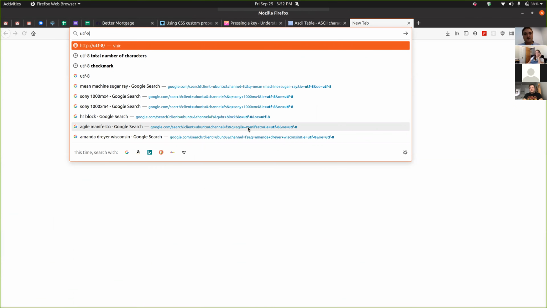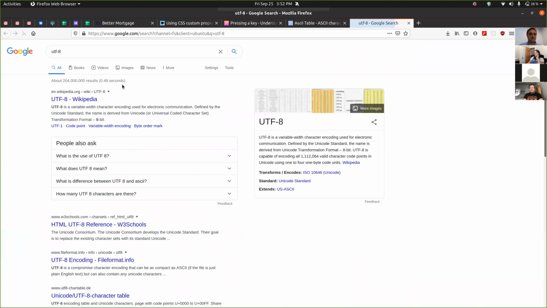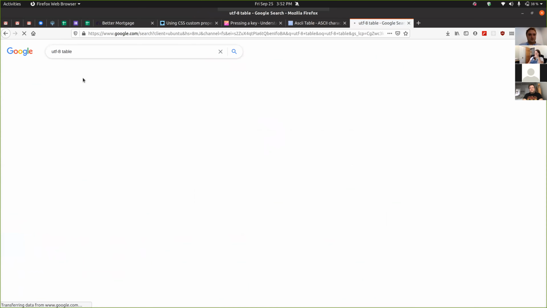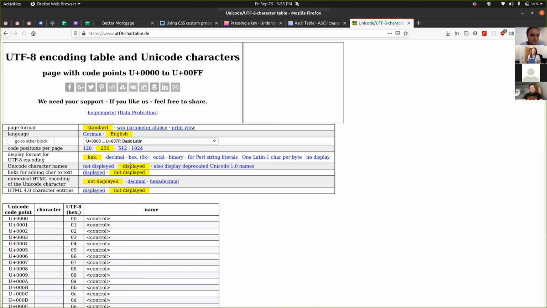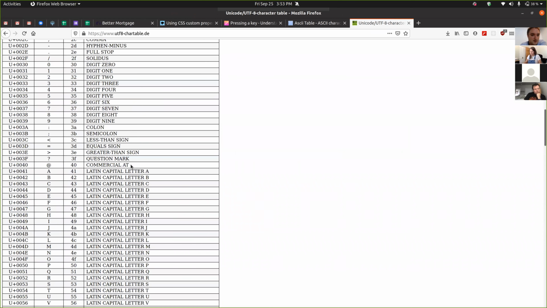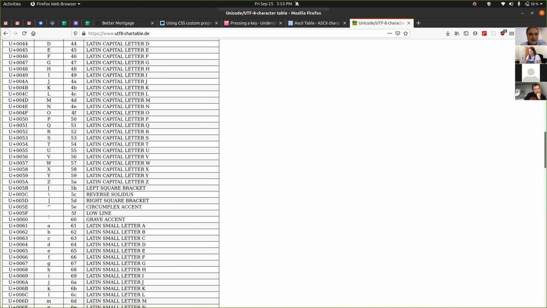Enter UTF-8. You know that thing that you're always putting as your character encoding in your HTML documents? It turns out the first 255 places in this are the exact same as ASCII.